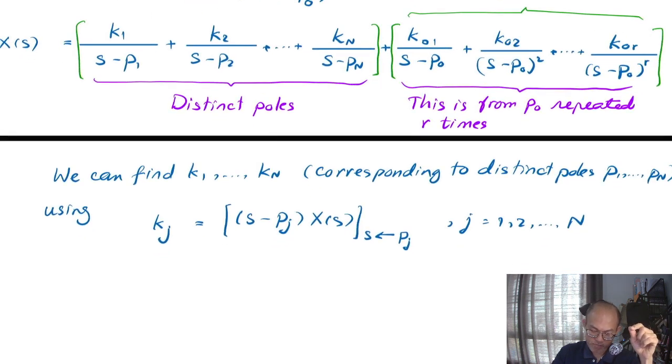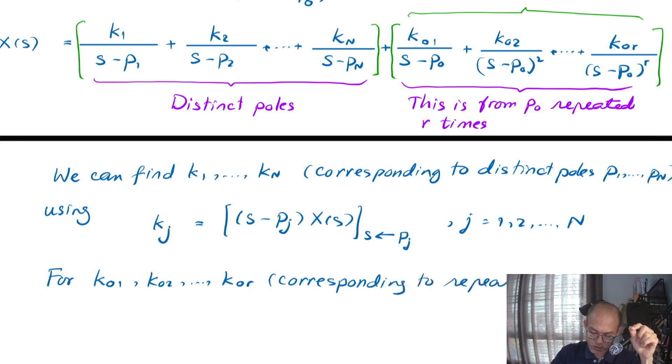Now for the repeated pole, for k01, k02 until k0r, and these correspond to the repeated pole p0.